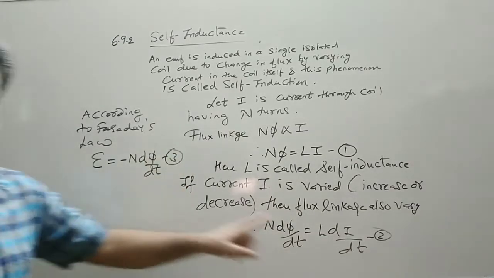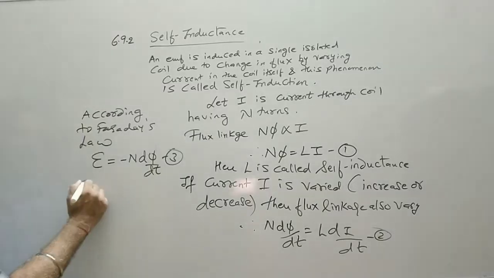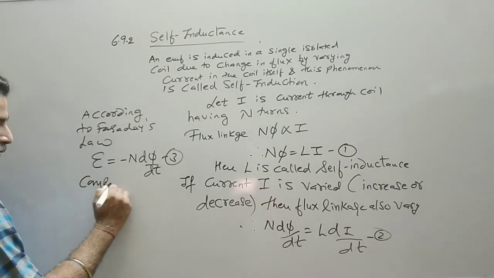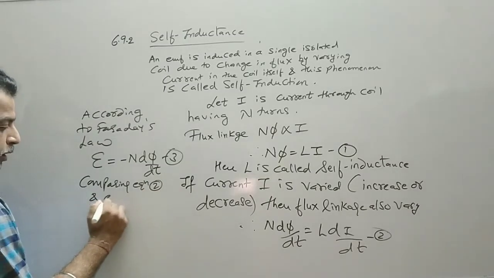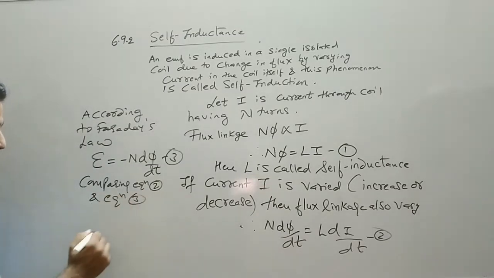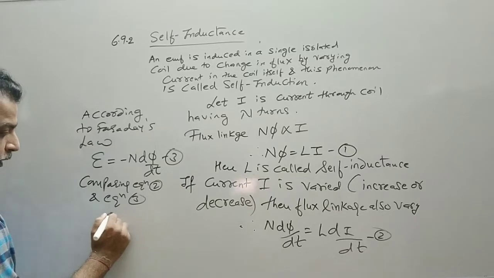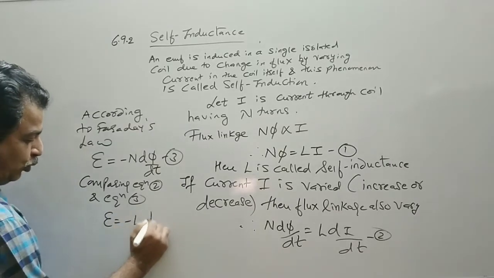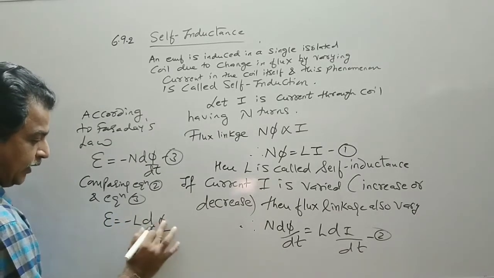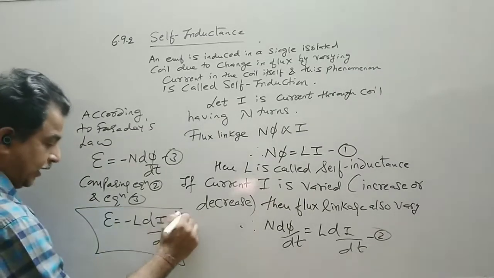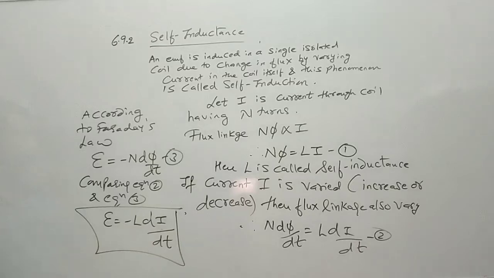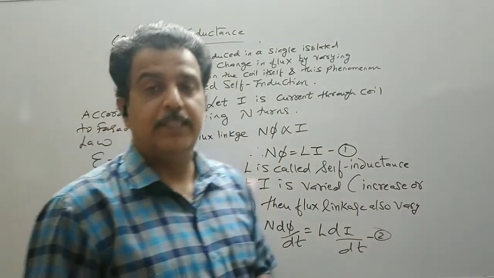So comparing equation 2 and equation 3, we find that EMF induced is equal to minus L di by dt, and the negative sign indicates that this induced EMF will oppose the change.